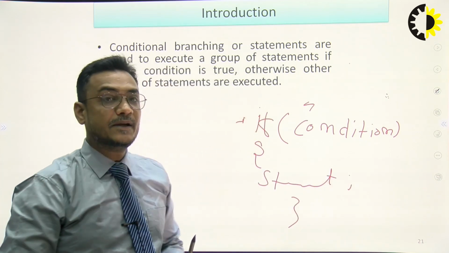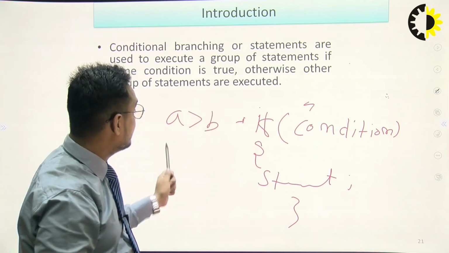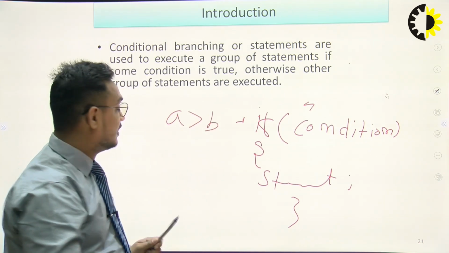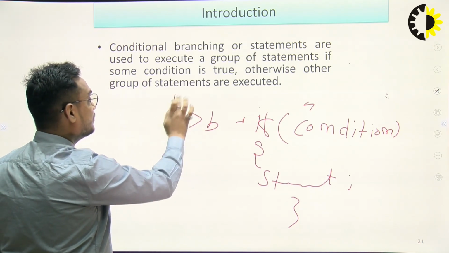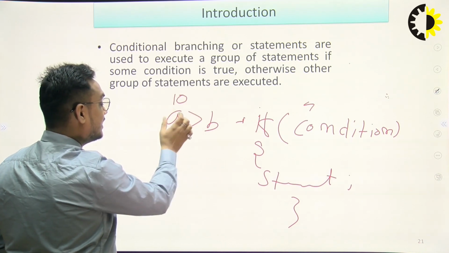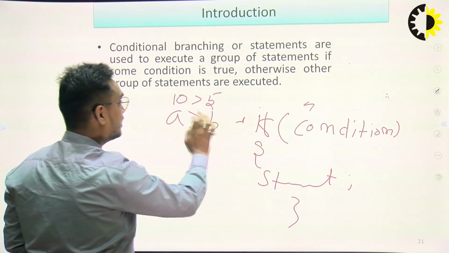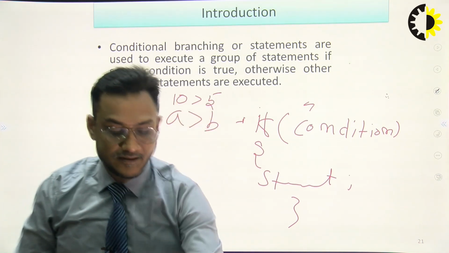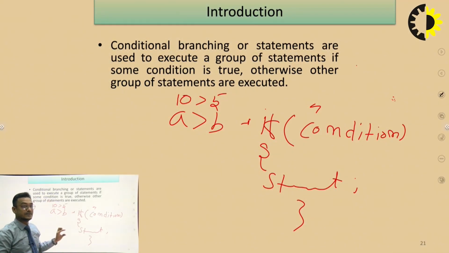A best example is A is greater than B. If you assign the value 10 to A and the value 5 to B, A is greater than B. Here the statement is true. If the statement is true, then definitely your program is executed. If the statement is false, then your program is not executed.